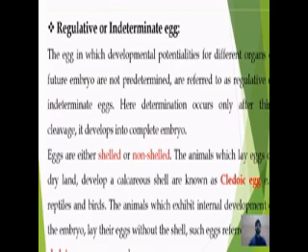The other cells present around that damaged part recover that portion, and a full, complete embryo will be developed. So these are two very interesting types of eggs. First is mosaic, and the second is regulative, meaning determinate and indeterminate eggs.